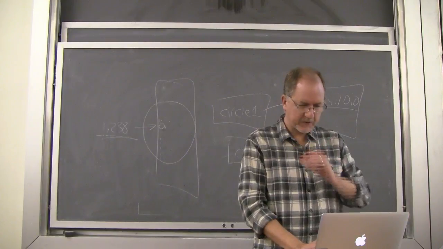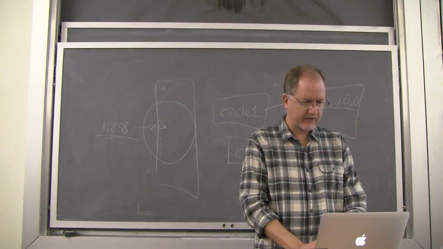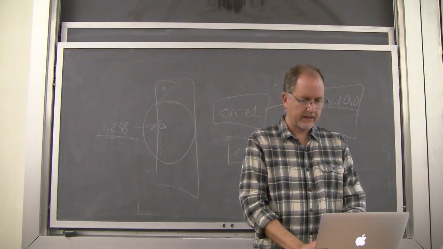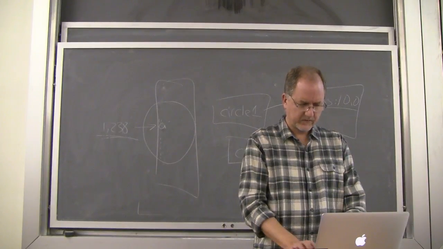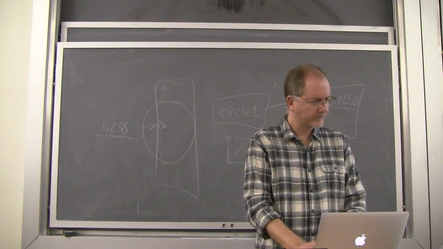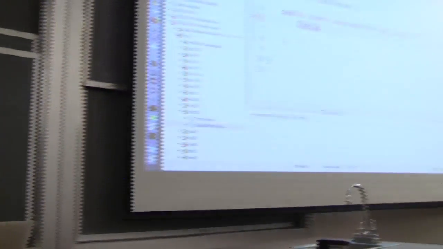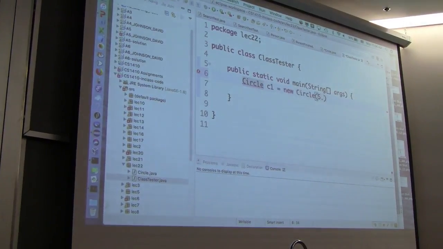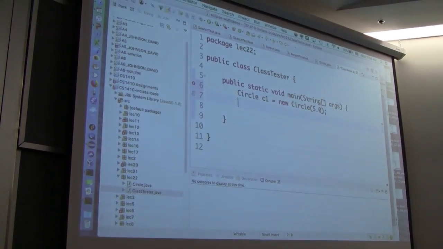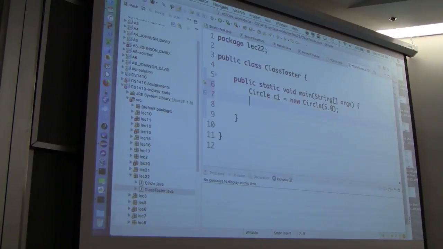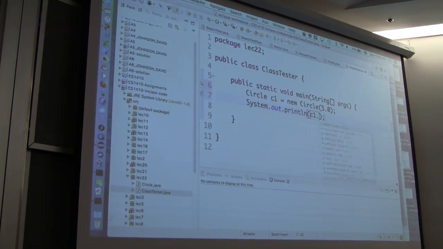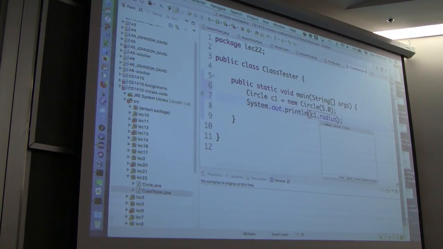Now, let's go to a different class. It's in the same package, lecture 22. And in here, I can make a circle. I'll call it c1. New circle 5. And let's print out c1.radius here.